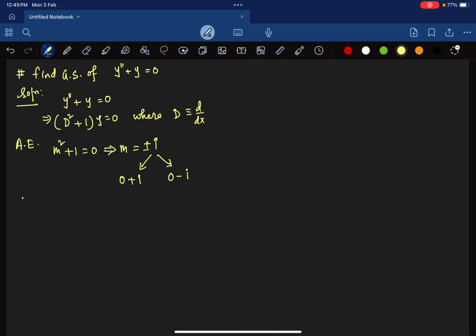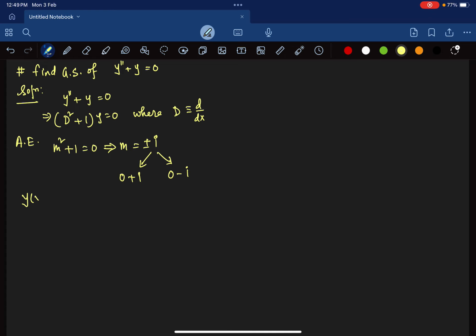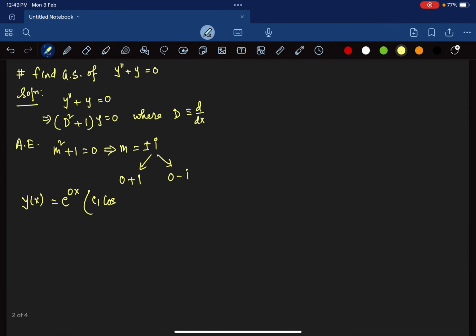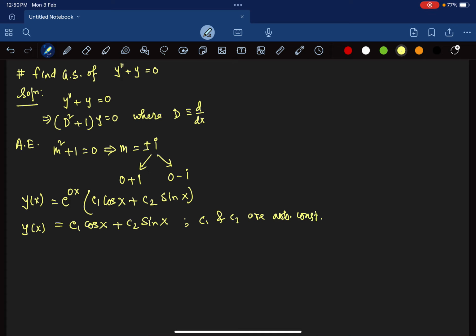Now the solution y(x) is given by e power ax, that is e power 0x, times c1 cos bx, where b is 1, so cos x, plus c2 sin x. So y(x) equals c1 cos x plus c2 sin x. This is the general solution, where c1 and c2 are arbitrary constants.